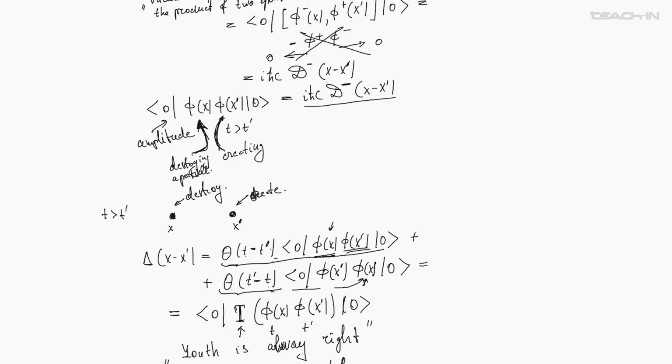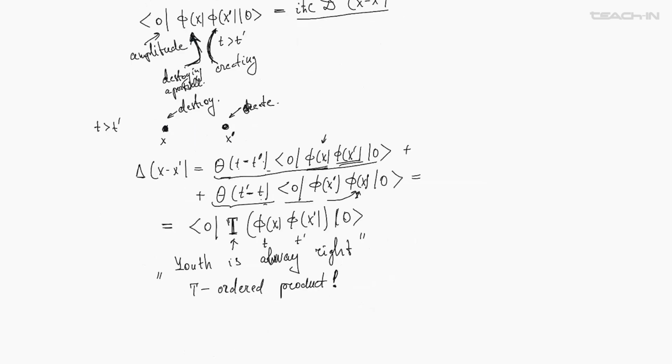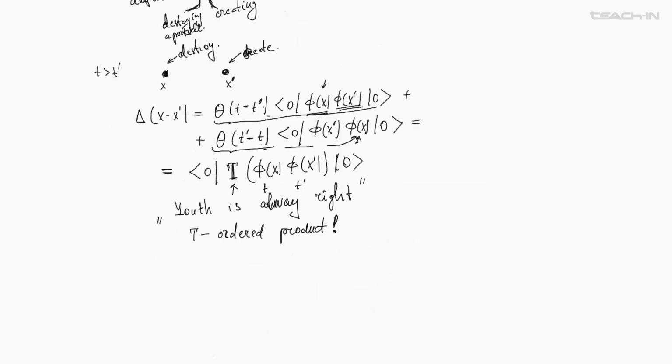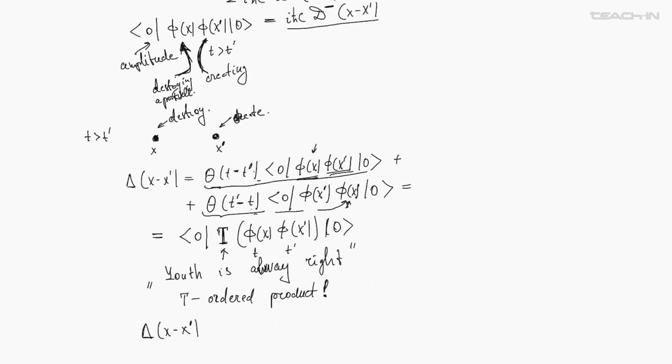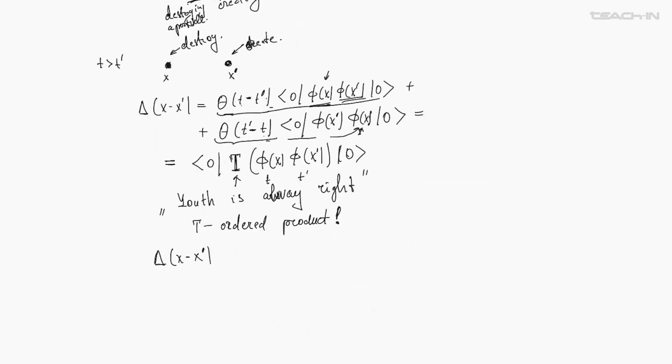And if you wish, you can just continue with expressing this Feynman propagator in terms of Pauli-Jordan function. In fact, we have done already here half of the job. So we just need to say that we supply these Pauli-Jordan functions with theta functions.